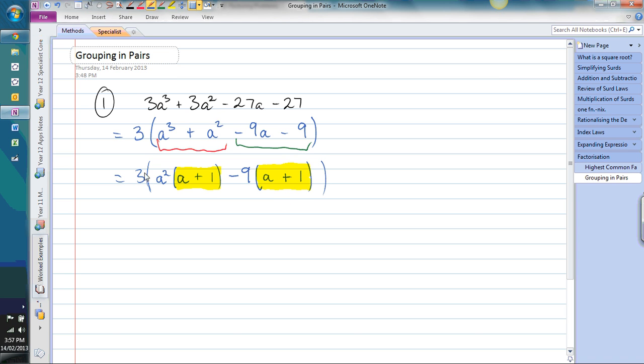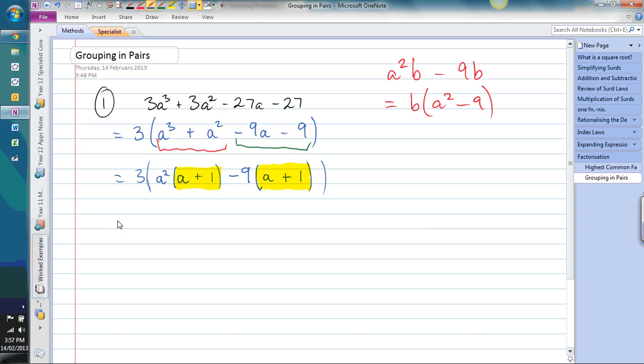Now what I'm going to do, I'm still kind of ignoring this 3 and the outside set of brackets. I'm just concentrating on this middle part. If that was just a b or something, so if I gave you this problem, a squared b minus 9b, and said factorize that, it'd be pretty easy to see that I could pull the b out the front. Okay? In this case though, I don't have a b, I've just got an a plus 1, the yellow thing that I've highlighted here.